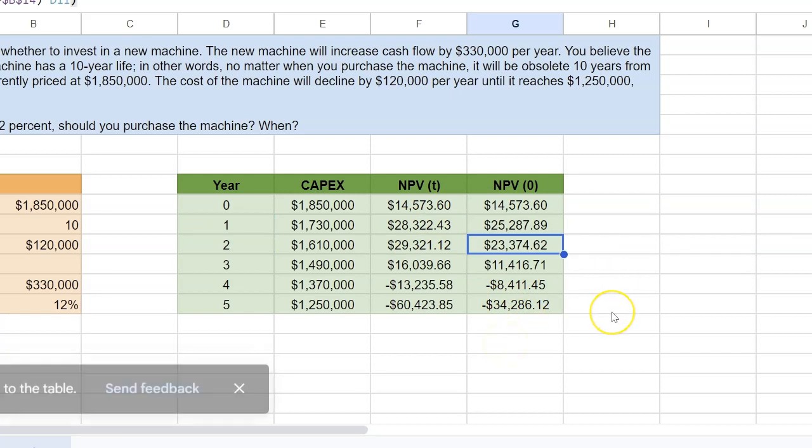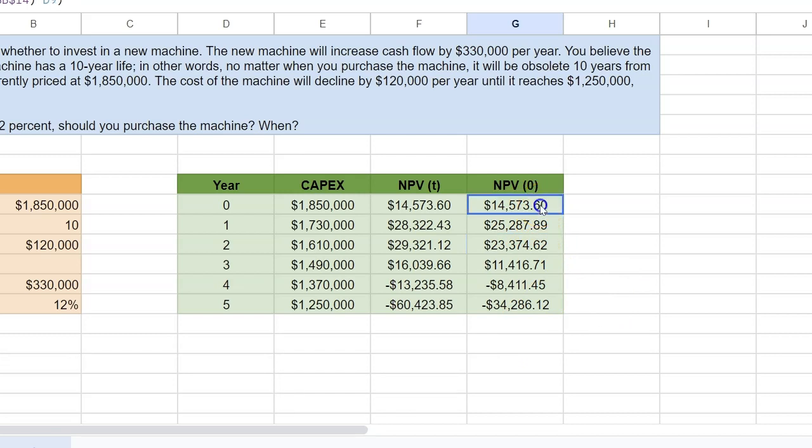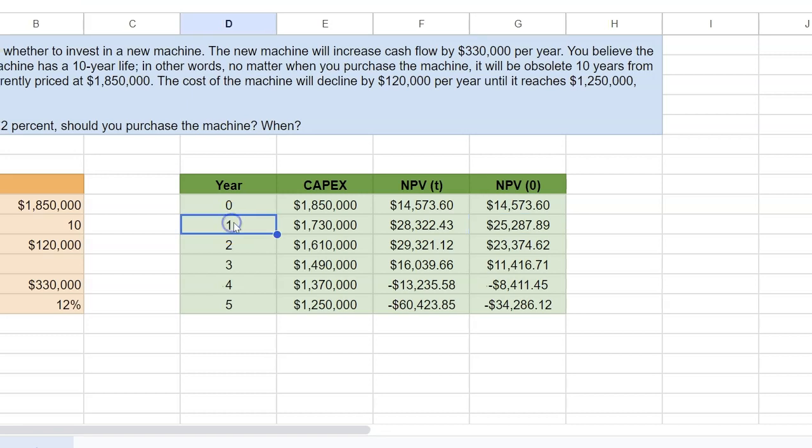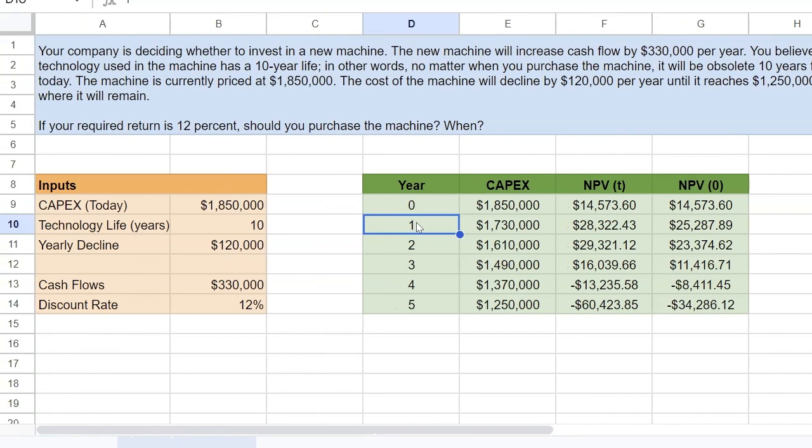In order to make a decision, you need to see where you are going to get the highest NPV in this column. And as you can see, the highest NPV is coming about at 25,287, which is 1 year from now. So now, to answer the question, should you purchase this machine?